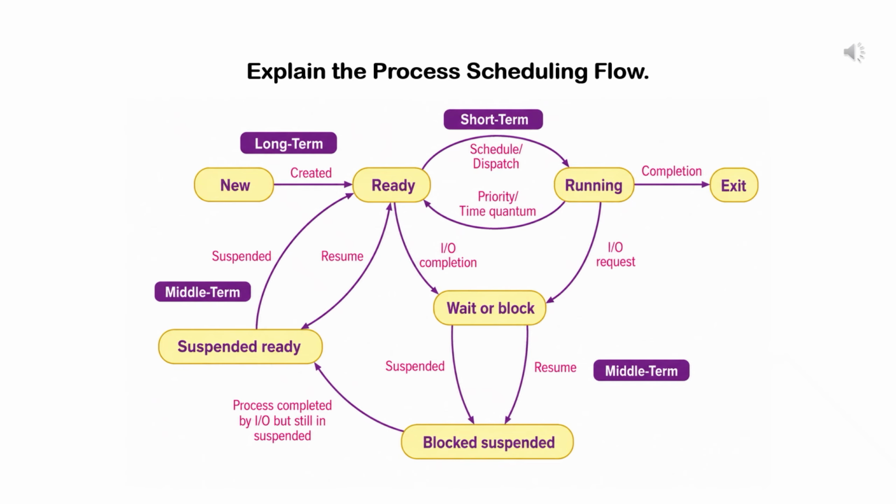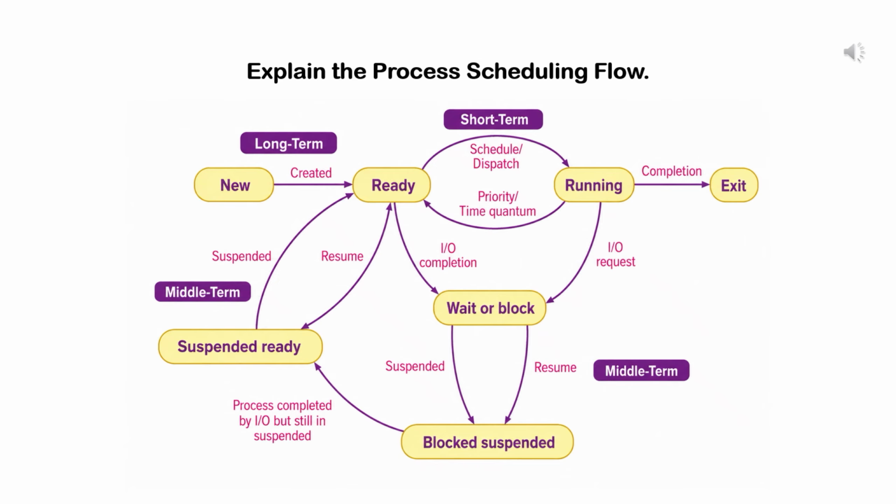Now, let's understand how a process moves through the scheduling system. First, a new process enters the job queue. When sufficient memory becomes available, it is loaded into RAM and placed in the ready queue. The CPU scheduler then selects one process from the ready queue.